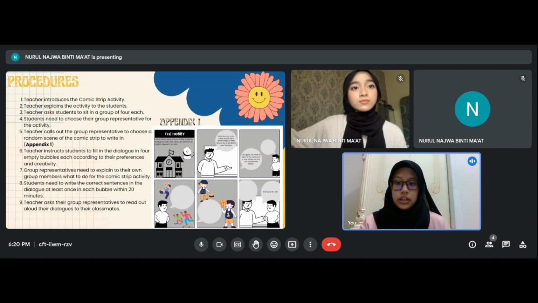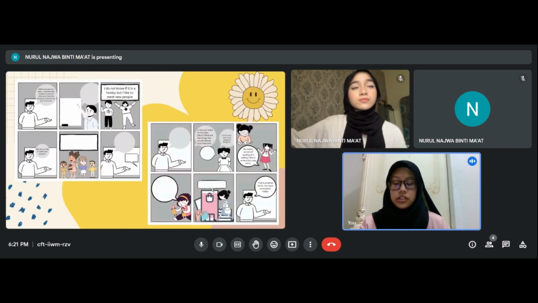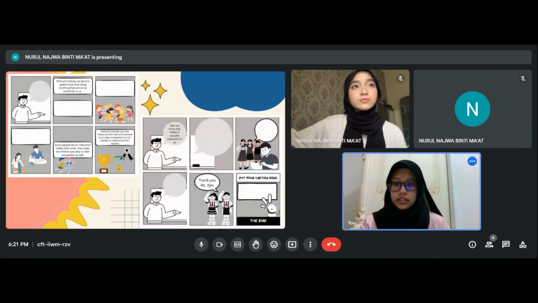So here is our appendix 1, which is the start of the story. Next slide. So this is also the continuation of the story. Next. So this is also the continuation and the ending of the story.